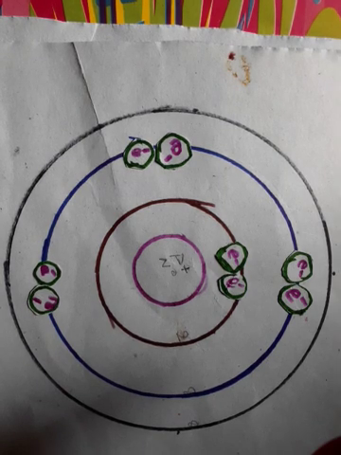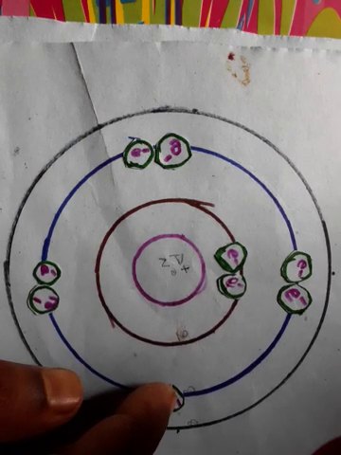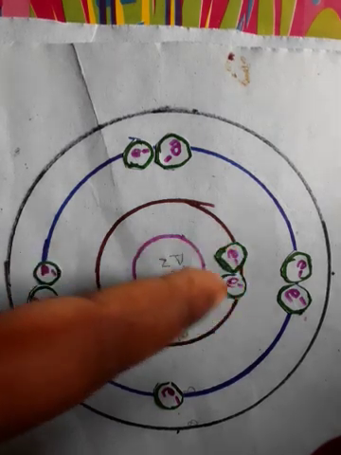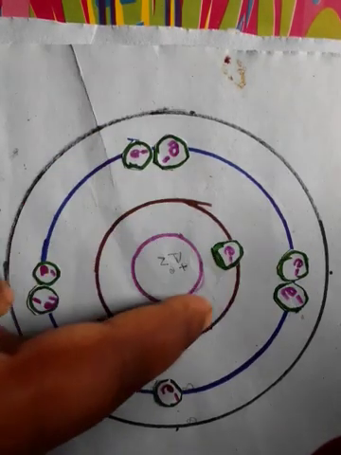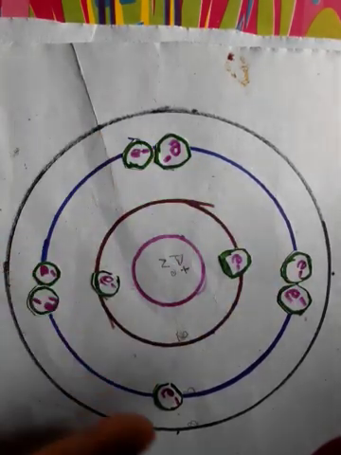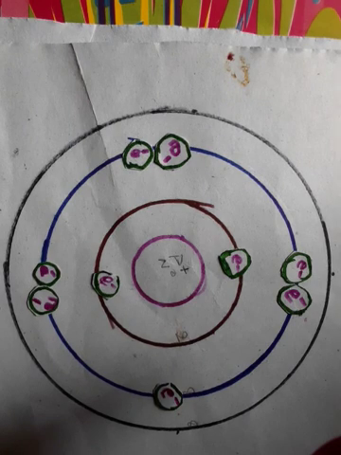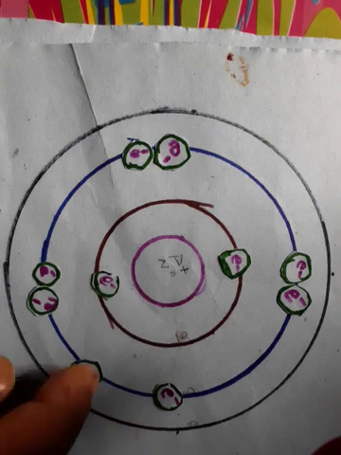In the same way, fluorine has 9 electrons. So 1 2 3 4 5 6 7 8 and 9, and in the arrangement 2 electrons in the first orbit and 7 electrons in the outermost orbit. In the same way, neon has 10 electrons.